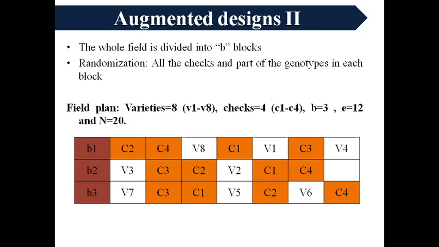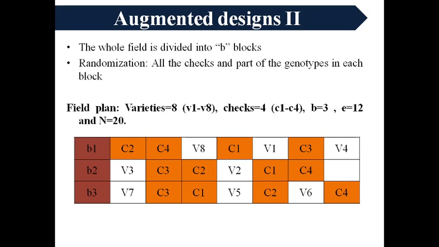Let us assume an example here. You have 8 varieties, variety 1 to variety 8, and 4 checks, C1 to C4, and you have designated 3 blocks in your whole experimental area. E represents checks plus varieties, and the total number of plots required is 20.